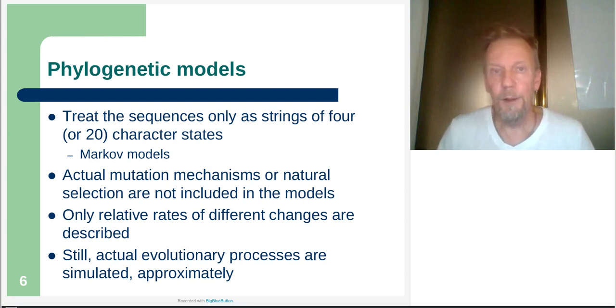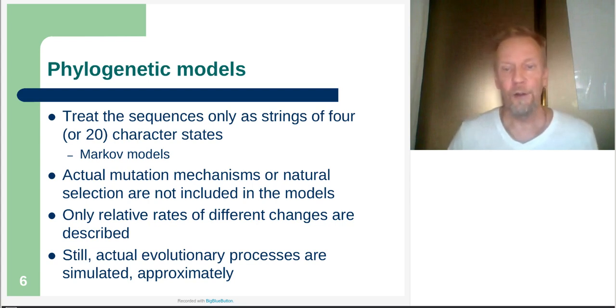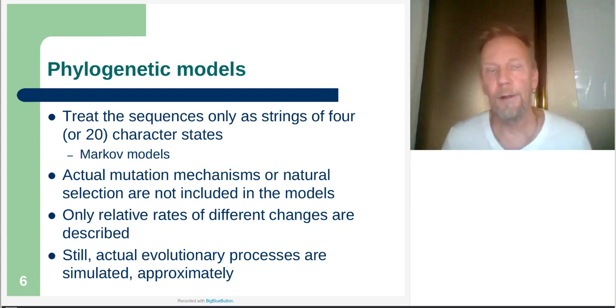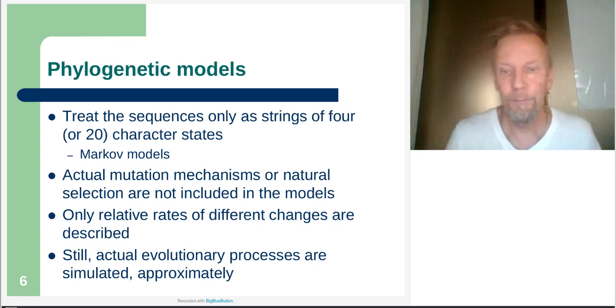And the models can't really give us real numbers of actual rates of changes, how many nucleotide changes in 1,000 years or 1,000,000 years or in a generation or anything. So we only have the relative rates between the taxa in our data.